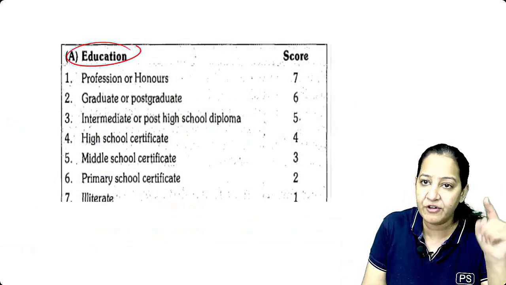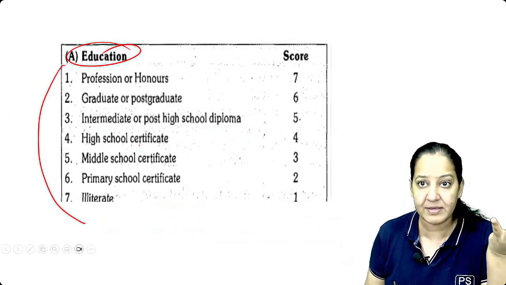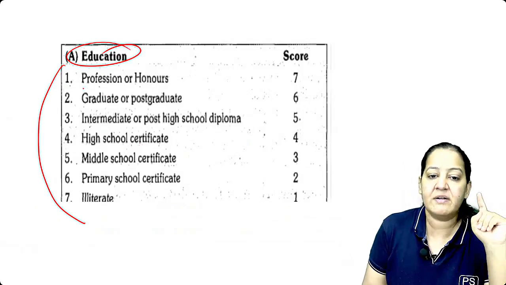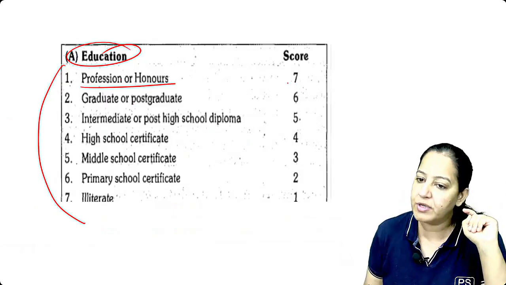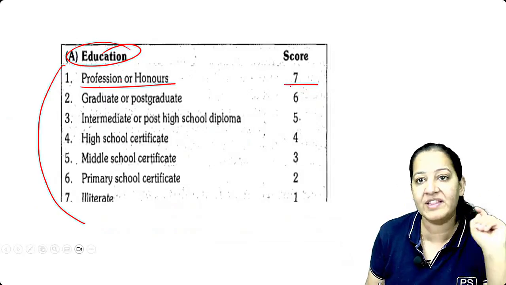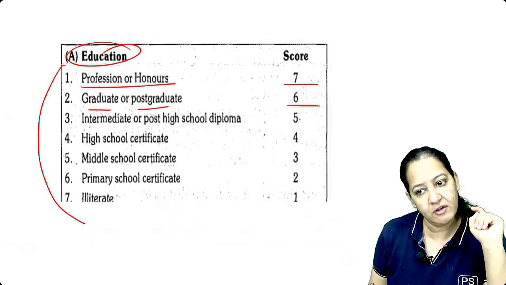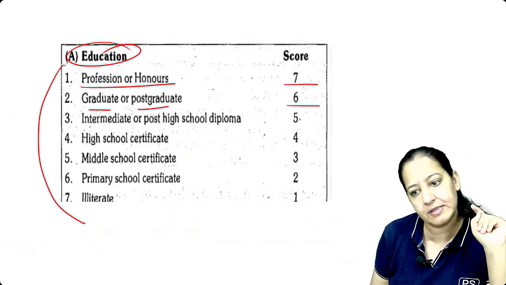Who's the head of your family? See the education of that person. Maybe the grandfather, maybe the father, someone may be the head of your family. So what is the education of that person? Has that person done a PhD, that is, professor of honors, PhD? Then give the maximum score. Your family has a 7 score in education. If the head of the family is a graduate or postgraduate, give score 6. Graduate and postgraduate together, the score is 6.